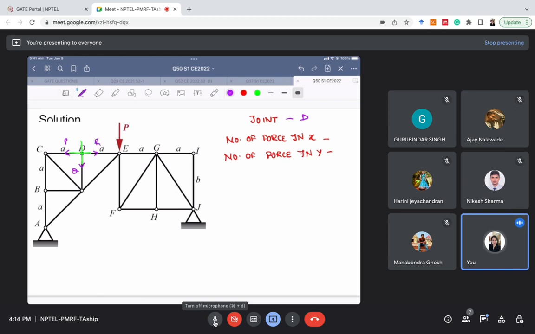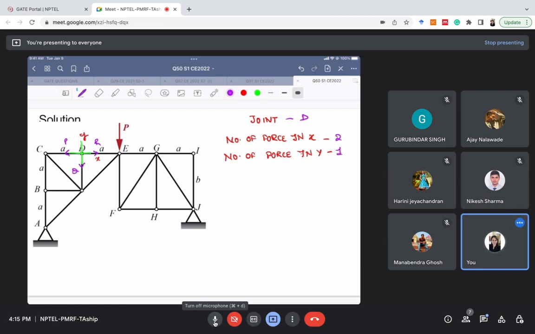Then the other step is, what is the number of forces in x direction? Let's name it, this is y and this is x. The number of forces in x direction is 2. The number of forces in y direction is 1, only Q is there.